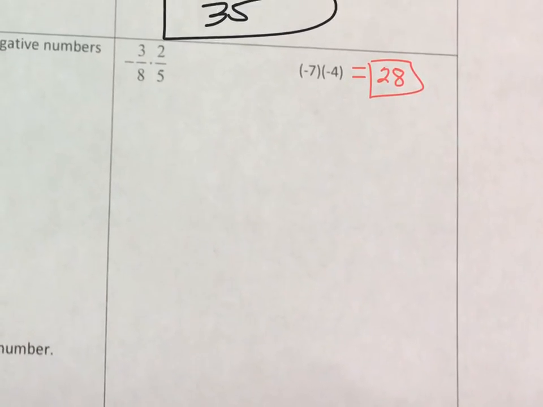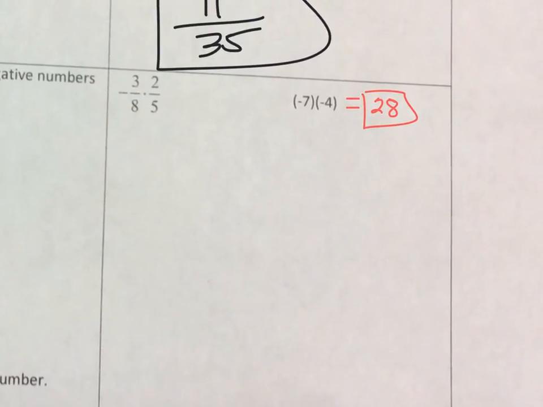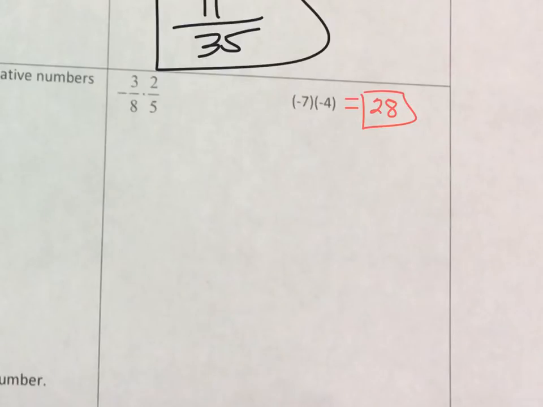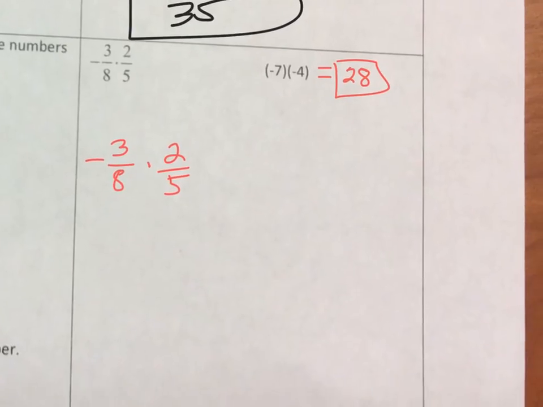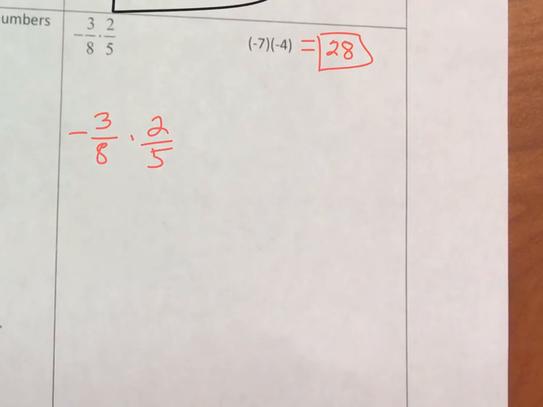And when the signs are different, I should get a negative. Now, I'm going to rewrite this problem because I'm out of room up here, but I again have to consider, when I'm multiplying, is that a cancel problem or a common denominator problem? It's a cancel problem, and we know also that our answer is going to be negative because when the signs are different, I get a negative.